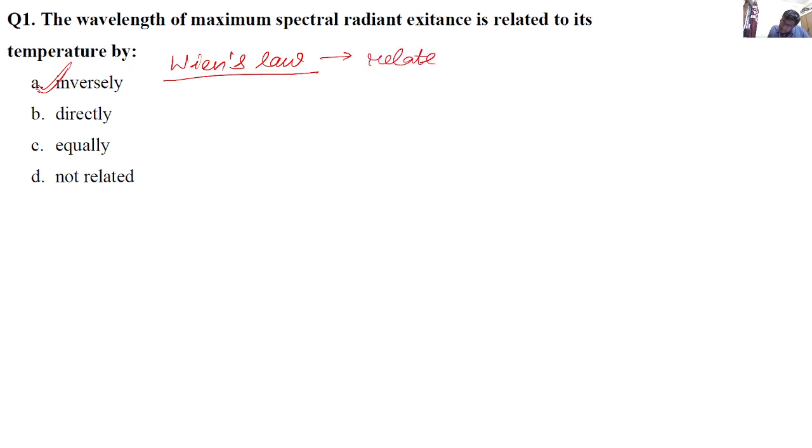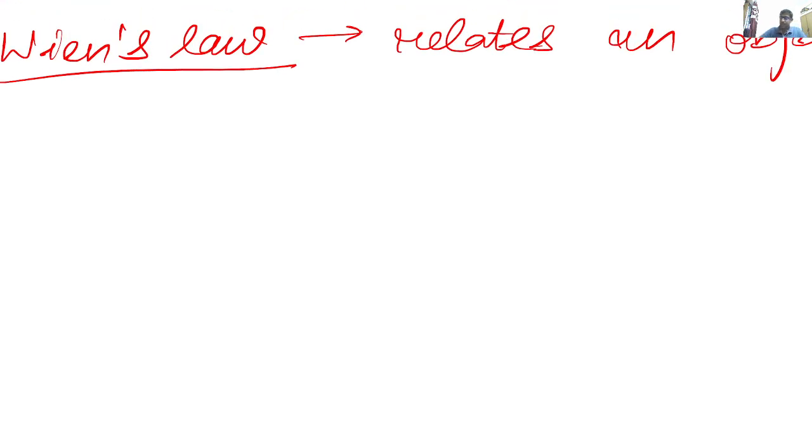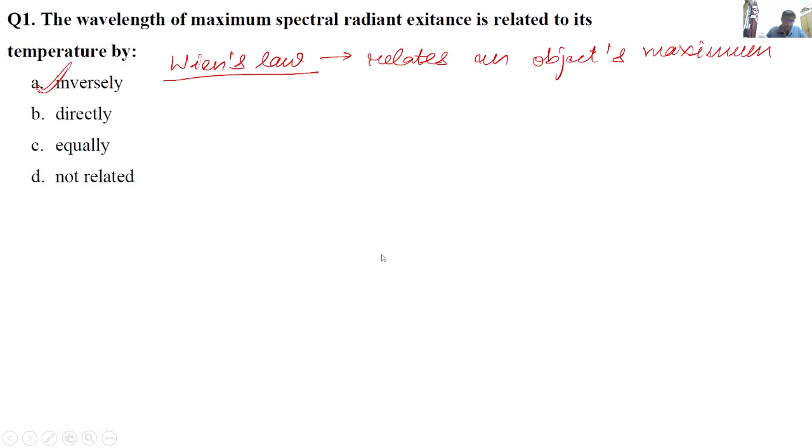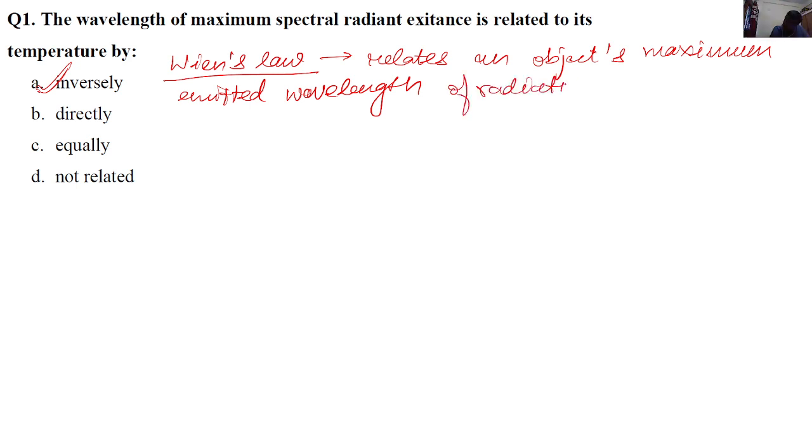So it relates an object's maximum emitted wavelength of radiation to the object's temperature.